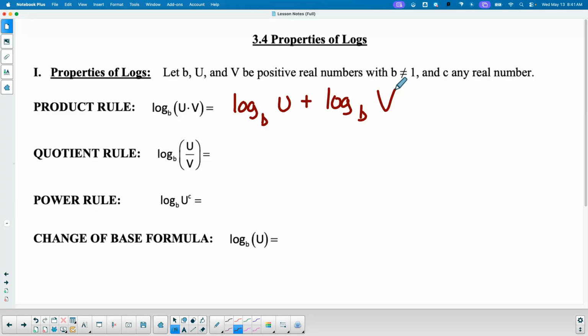So multiplication goes with addition. Expansion is going to the right on these properties. Condensing is going to the left. If we say to expand, we're expecting many logs in your final answer. If we are condensing, we expect it to be 1 log in your answer.